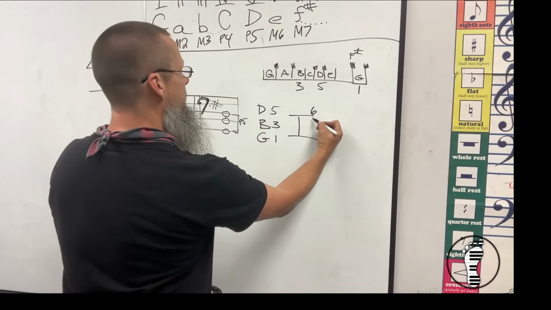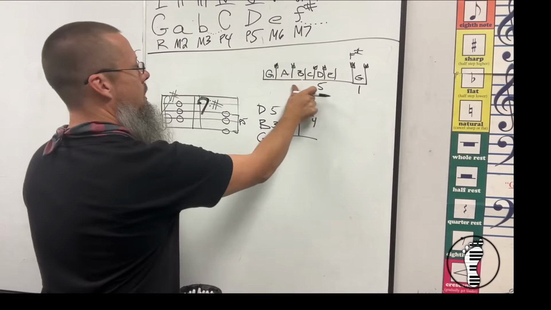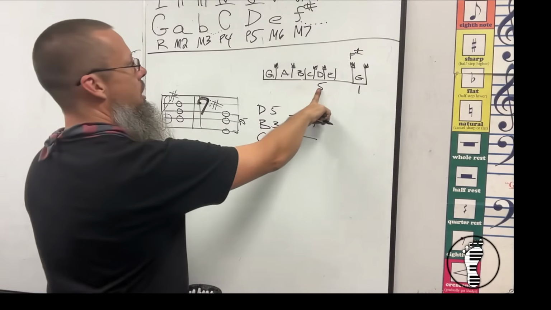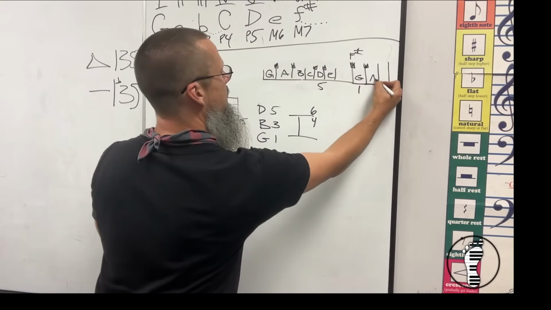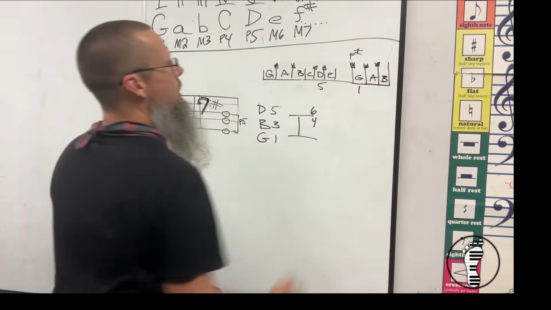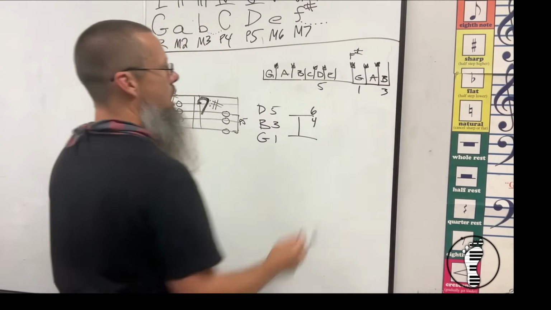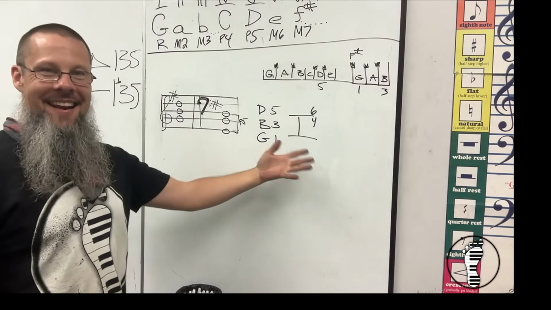When we put this, we now have a 6-4 split, and our fifth of the chord is going to be there. So if we add our notes here on our stave, you can see how now we still have a triad. 1-3-5 is still present, but now we're using it as an inversion.